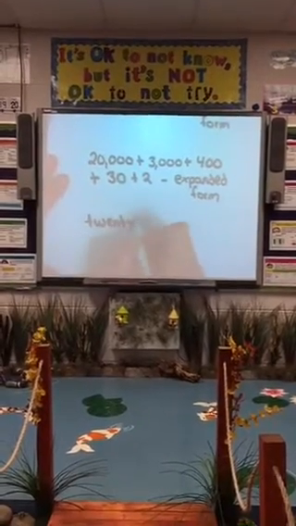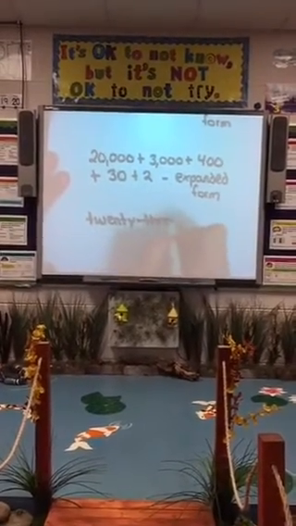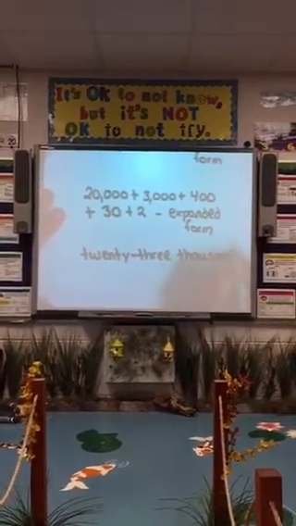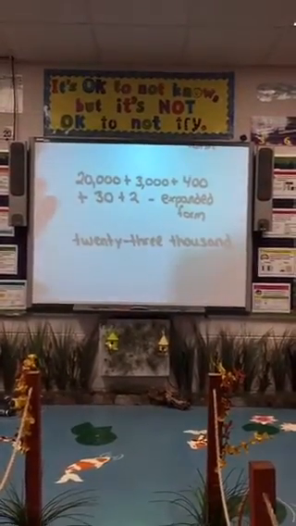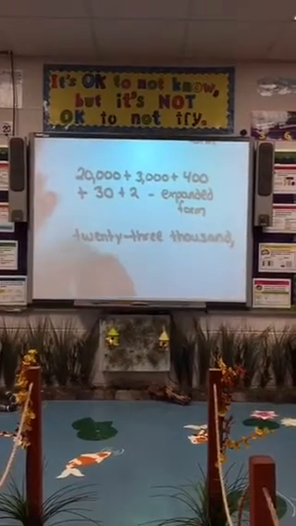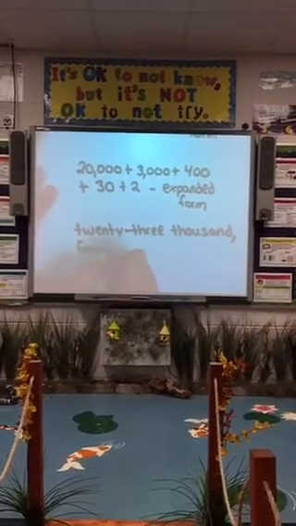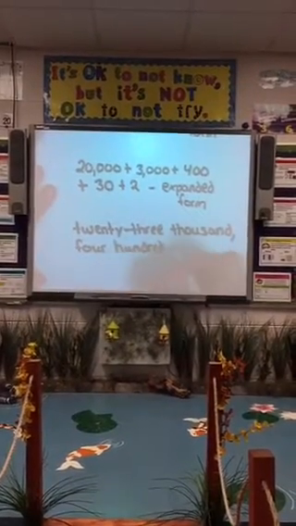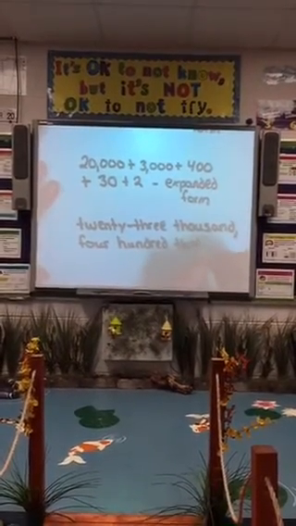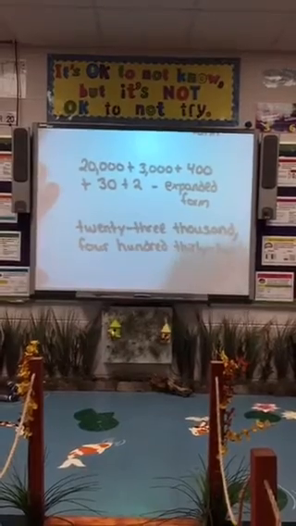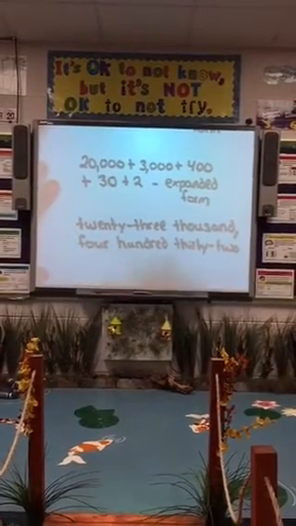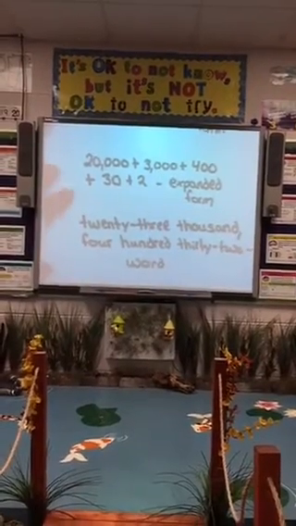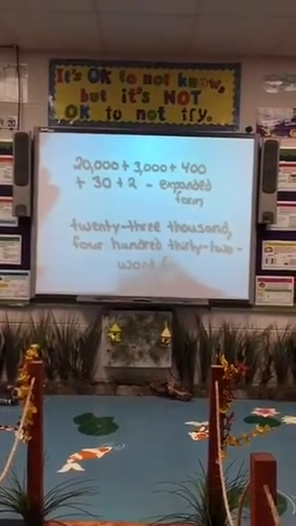So 23,000. A comma goes just like it does in standard form, 23,432. And this is word form, where they're writing the words for the number.